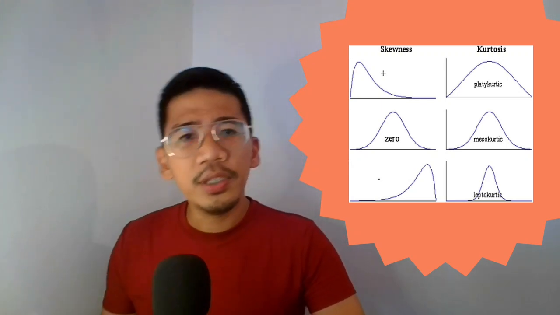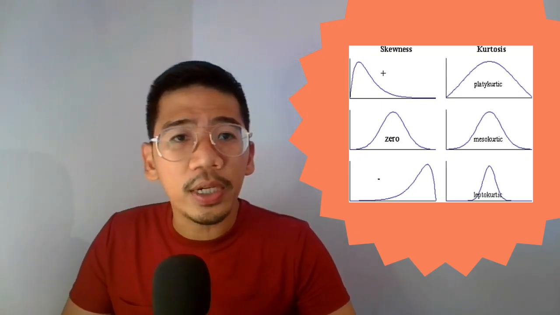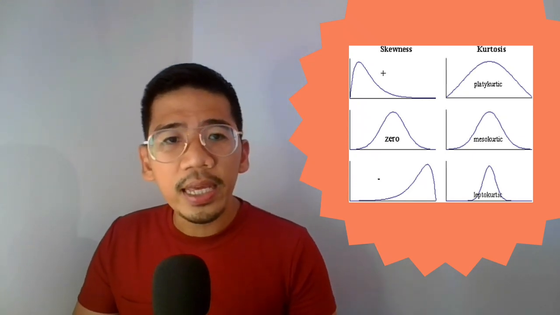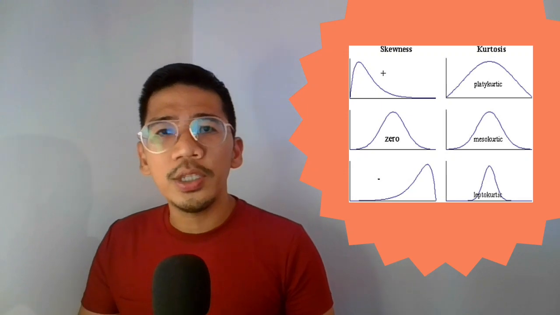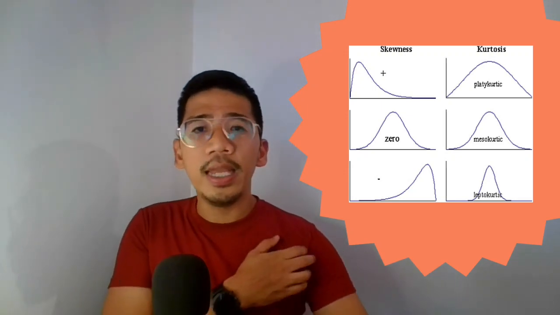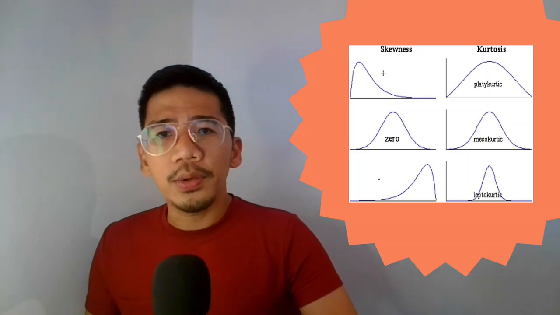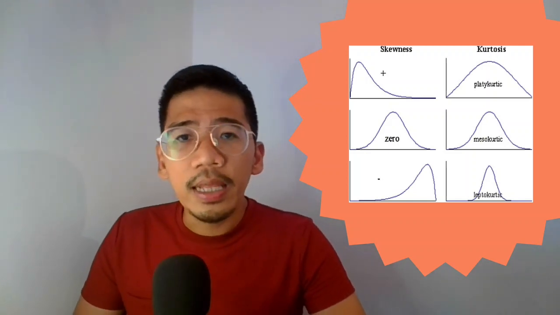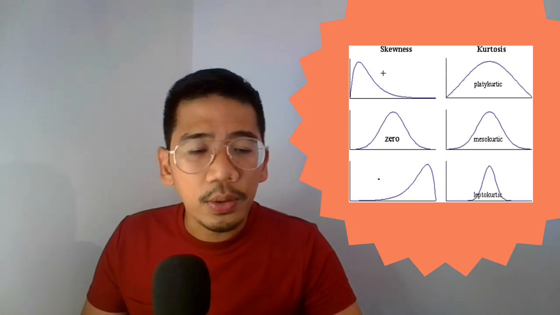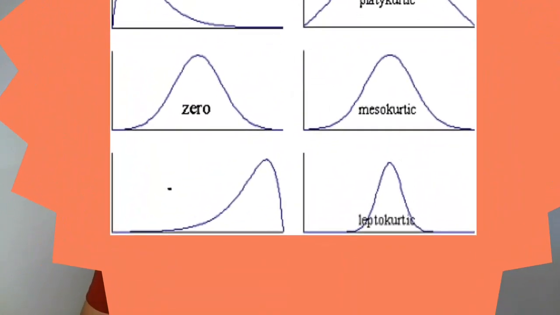A distribution with positive kurtosis has many scores in the tails, a so-called heavy tail distribution, and is pointy. This is known as a leptokurtic distribution. So this is an example of a leptokurtic distribution.